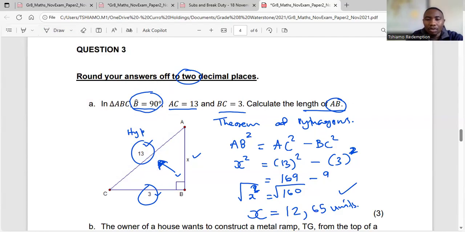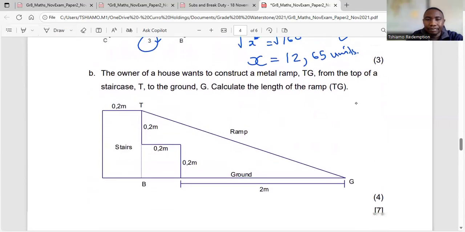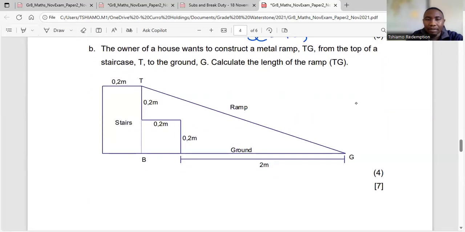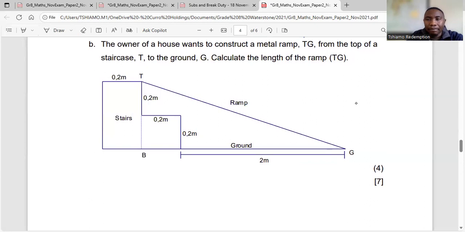Okay, moving along. Okay, here's another question here. This question says, the owner of a house wants to construct a metal ramp, which is TG, from the top of the staircase to the ground.